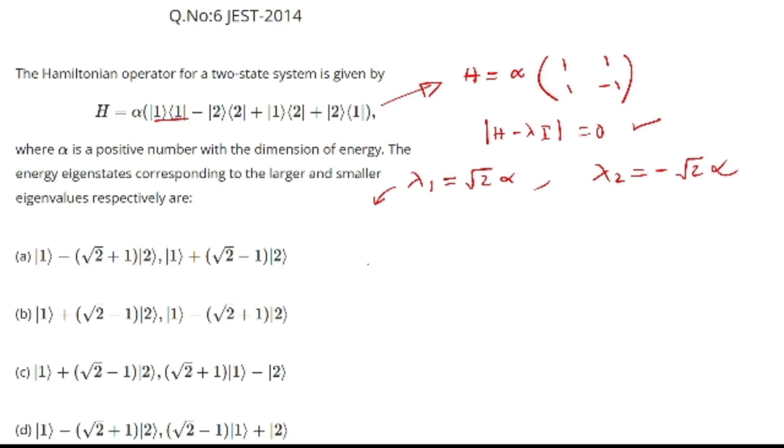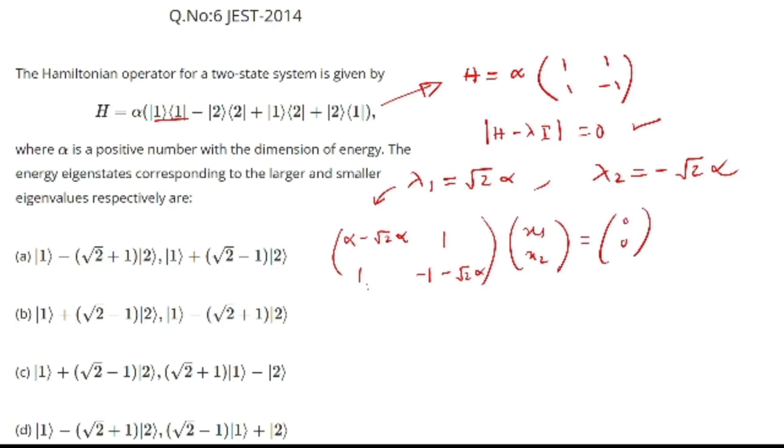The eigenvector equation is alpha minus root 2 alpha, 1, 1, minus 1 minus root 2 alpha, into x1, x2 equals 0, 0. To find the relation between x1 and x2, it gives alpha into (1 minus root 2) x1 plus x2 equals 0.